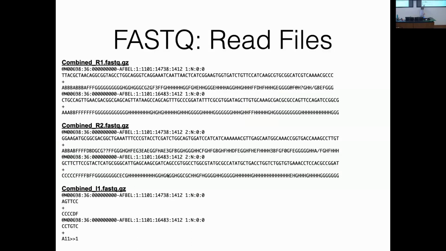This long string here, the 0000, whatever, AFBEL, that's the serial number of the flow cell. If I was smart, I would have brought the flow cells back this week, and you could look on the flow cell, and you can actually see, at least for the NextSeq flow cells, the serial number.